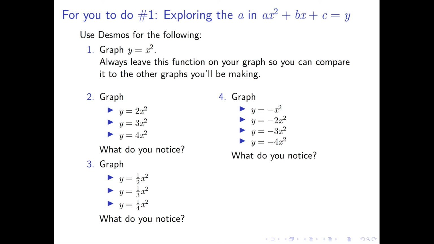Copy those into your journal and write down some observations. And finally, do the same thing for coefficients of x squared that are between negative 1 and 0. Again, graph them, copy them into your journal, and write down what you notice.